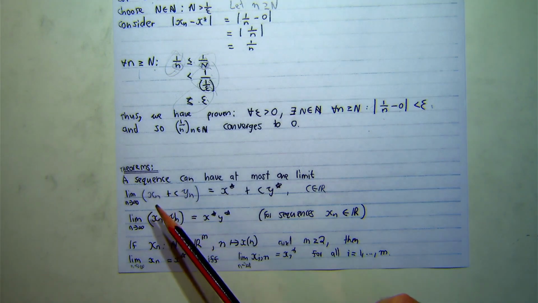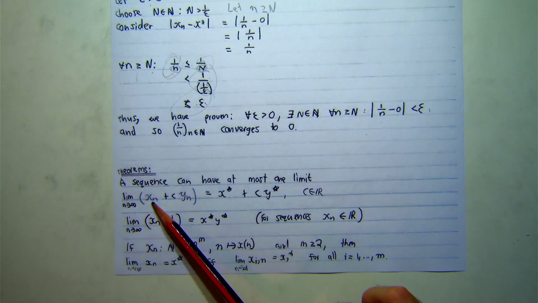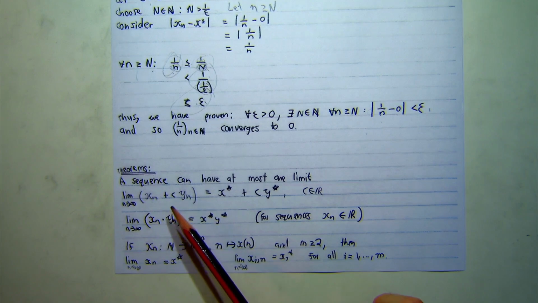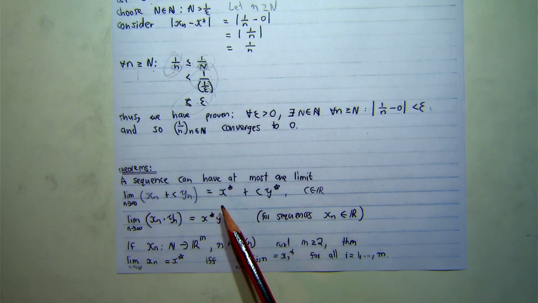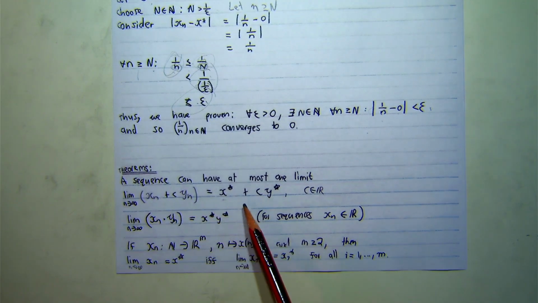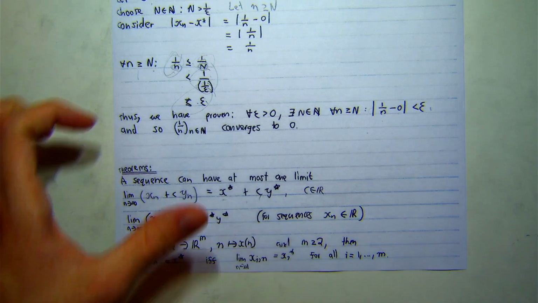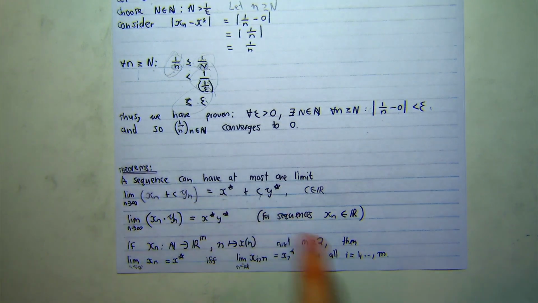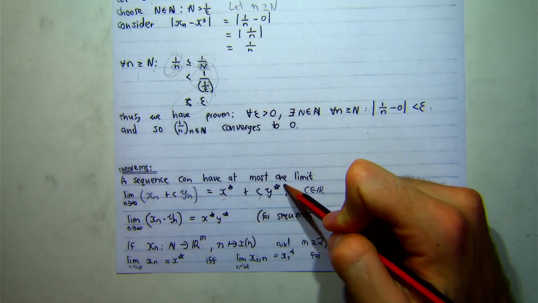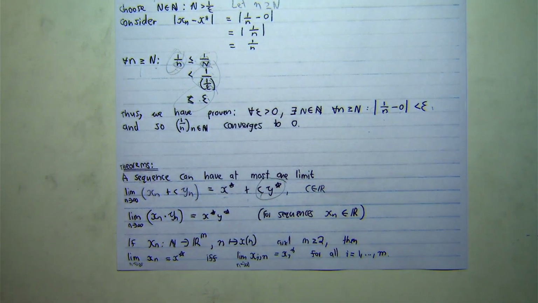So here we have the limit of a sequence plus a constant times a sequence is equal to the limit of the sequence plus the constant times the limit of the other sequence. So that's kind of like two theorems in one. The first one is that you can add sequences together and their limits. The limit of the sum of sequences is equal to the sum of the limits. And then also a constant times a sequence will have the effect on the limit of just being a constant times the limit.